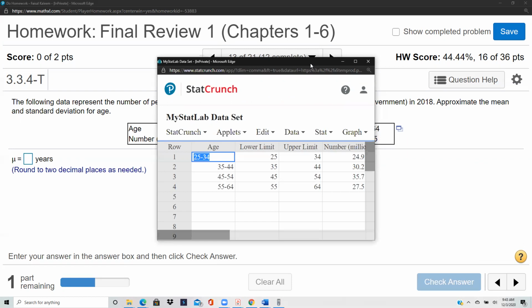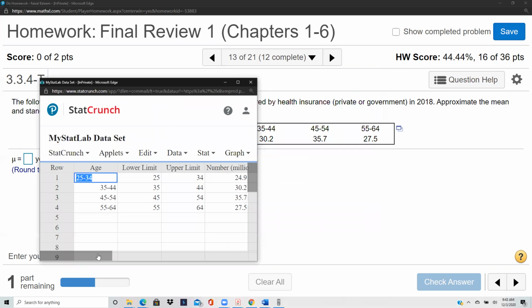I don't know. So which of the columns do we really need? The first one, age, and then I guess the last one, number. Basically, they're writing the lower limit separate and the upper limit separate.